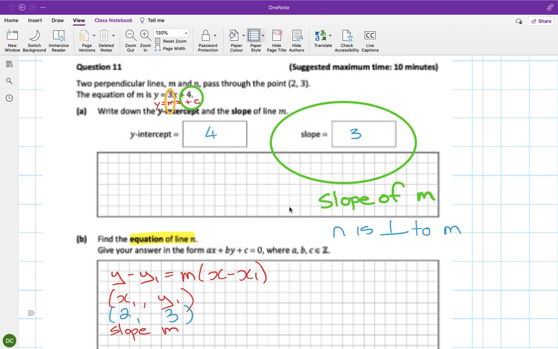So we flip the slope and change the sign. We need it as a fraction first, so the slope is 3 over 1. We flip it and make it 1 over 3, and then we change the sign so that it's minus 1 over 3. Flip it and change the sign. Now I have a slope.